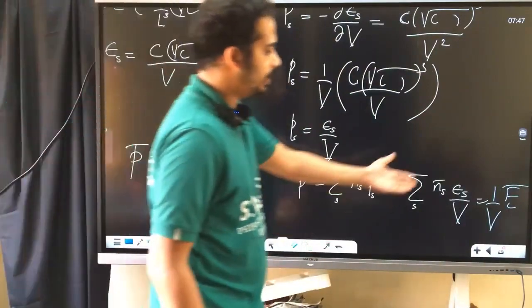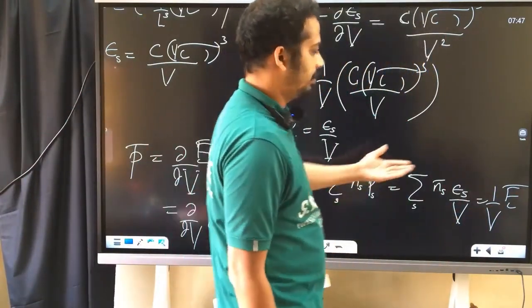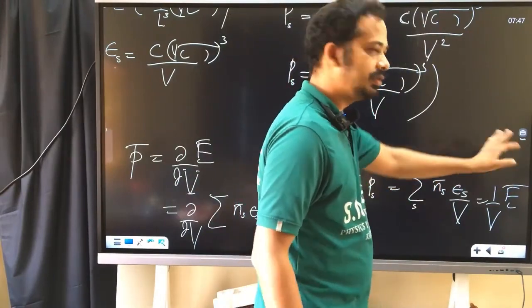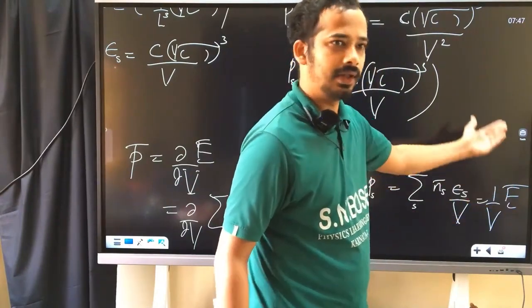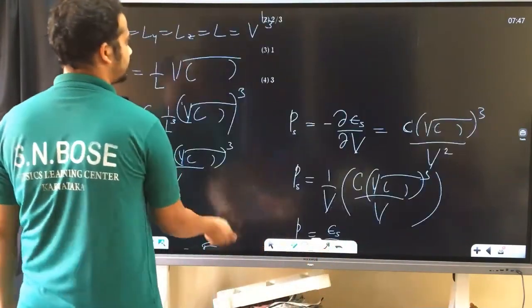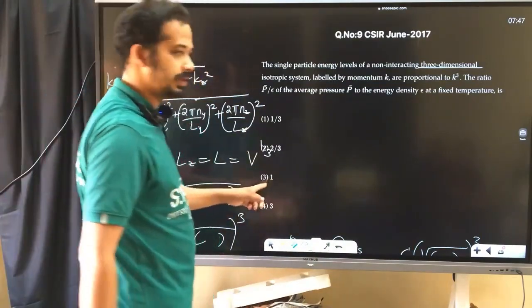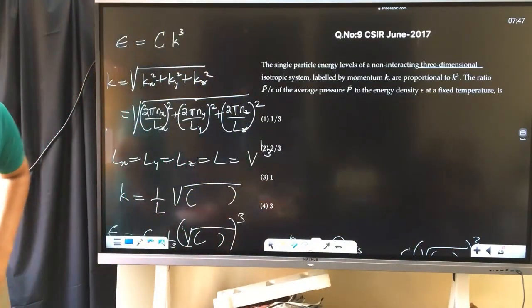What is E bar by V? That is the energy density. Pressure is equal to energy density here. There is no other factor at all. Am I right? That's what he is expecting. Pressure by energy density, that's one actually. Is that okay?